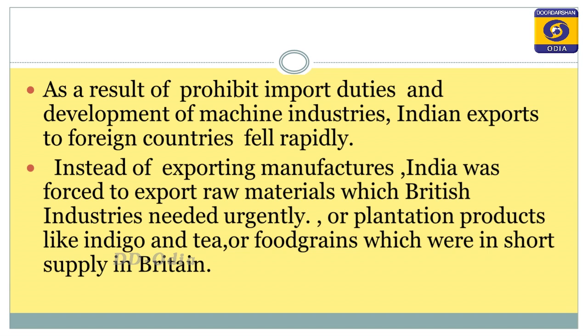So, instead of exporting manufactures, India was forced to export raw materials, which British industries needed urgently, or plantation products like indigo and tea, or food grains which were in short supply in Britain.